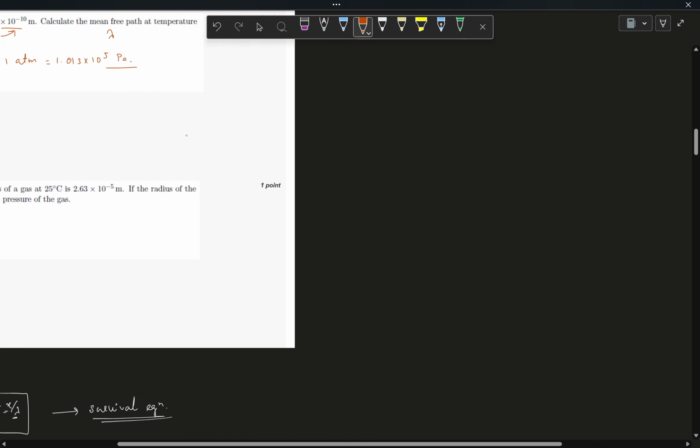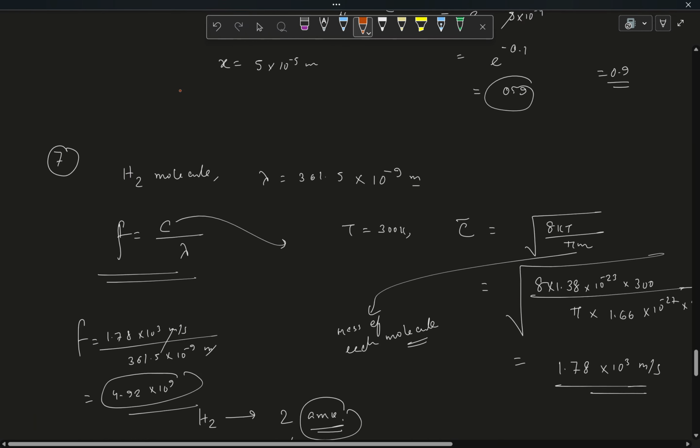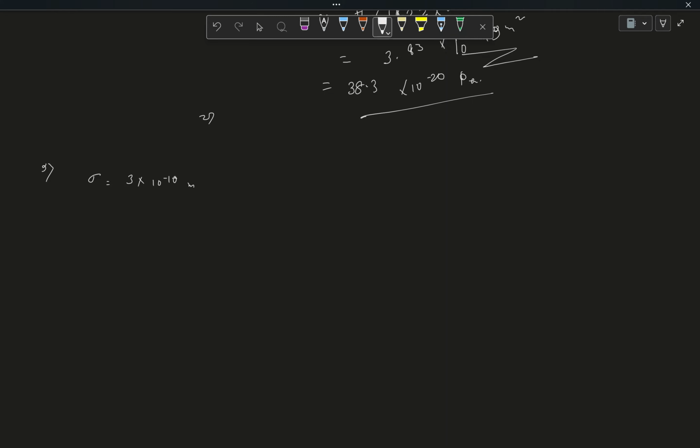So what do you use for that? Let us go to the page below this. Question number 9: sigma is 3 into 10 to the power of minus 10 meter. We know Maxwell's expression of mean free path, lambda equal to 1 over root 2 pi n sigma squared.